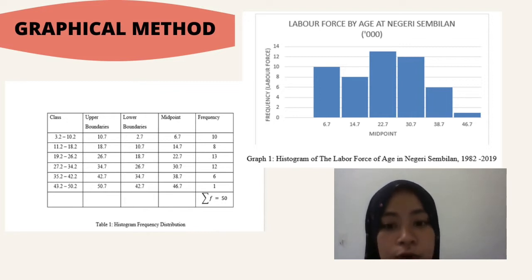For the lower boundary, we have 2.7, 10.7, 18.7, 26.7, 34.7, and also 42.7. For the midpoint, we have 6.7, 14.7, 22.7, 30.7, 38.7, and also 46.7. For the frequency, we have 10, 8, 13, 12, 6, and also 1. The total of frequency is 50.